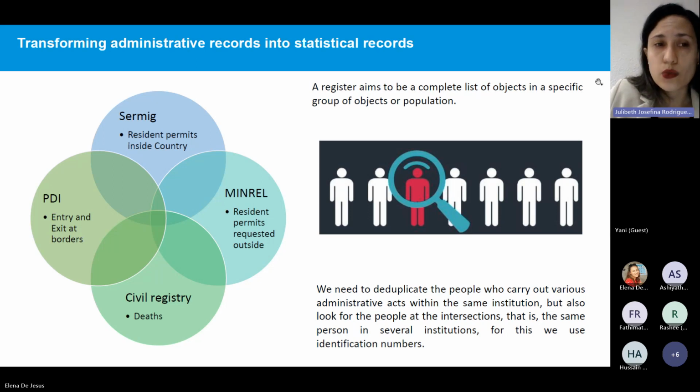So these identities will be used in an exact matching of the objects in different registers with the aim to find identical or related objects in two or more registers. Next, please.